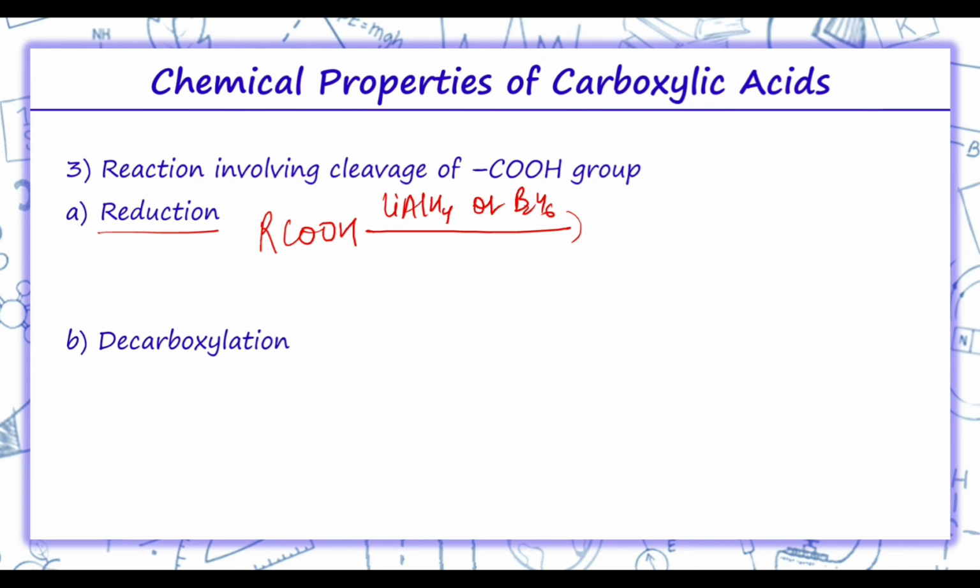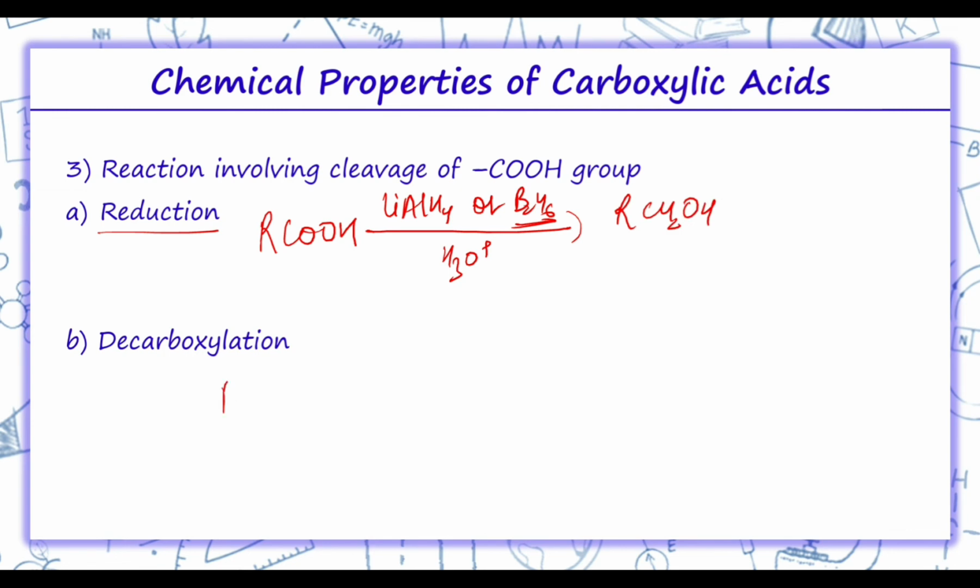This diborane does not easily reduce functional groups such as ester, nitro, halo, etc. Sodium borohydride does not reduce the carboxyl group. Therefore we take diborane, and then on acidification we get primary alcohol.